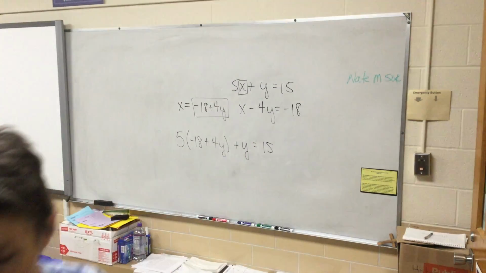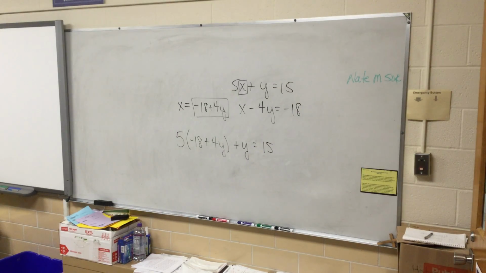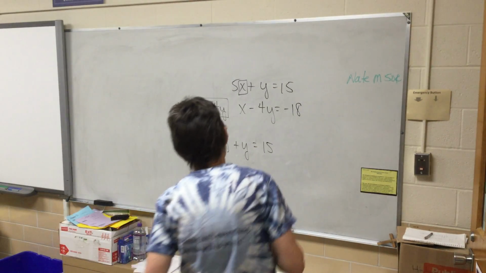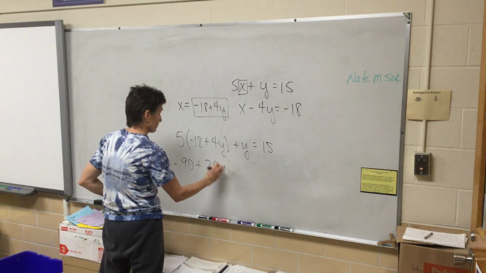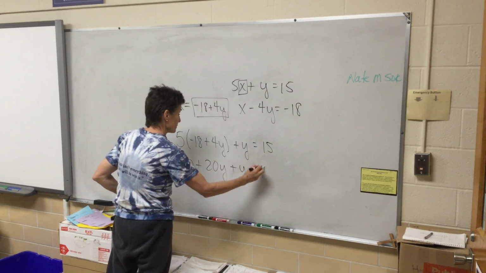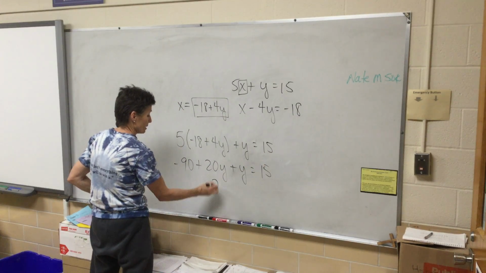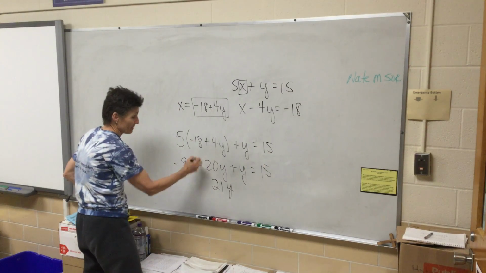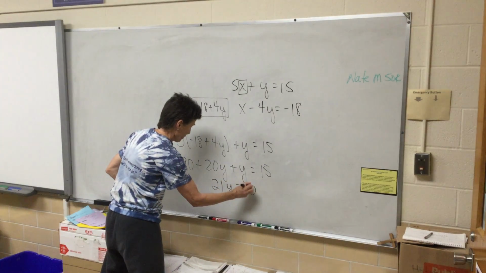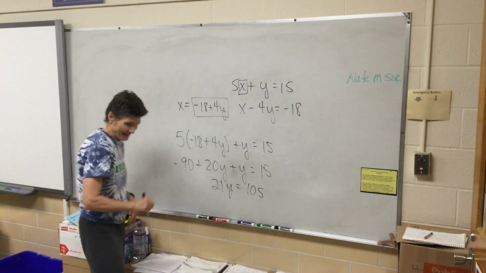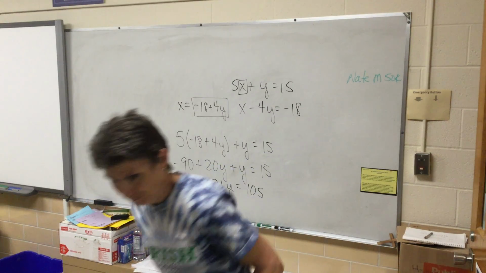Negative 90 plus 20y plus y equals 15. So 21y, because these can add together, equals 105 if I add 90 over to the other side.